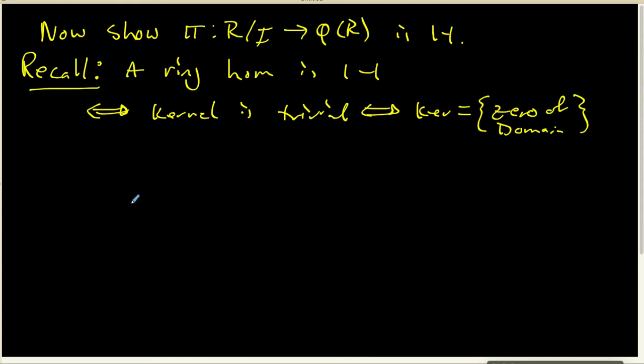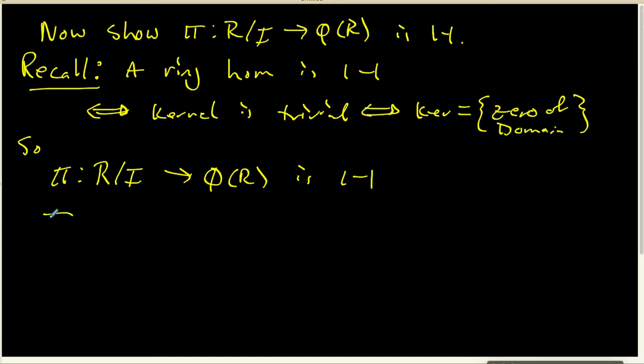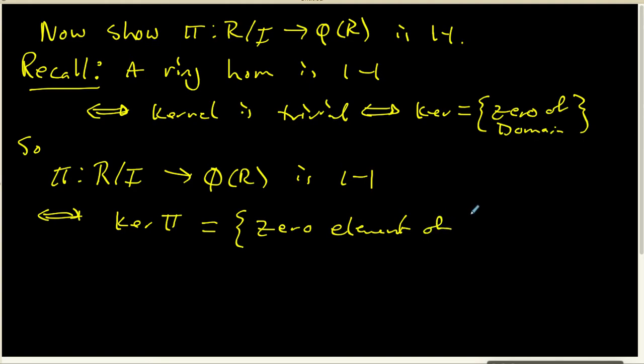Well, let's see. If we apply this particular theorem to the situation at hand, we get the following important observation. Our ring homomorphism pi from R mod I to phi of R is going to be 1-to-1 if and only if the kernel of pi turns out to be the singleton set containing the zero element of the domain ring, which happens to be R mod I. But I know what the zero element of R mod I is.